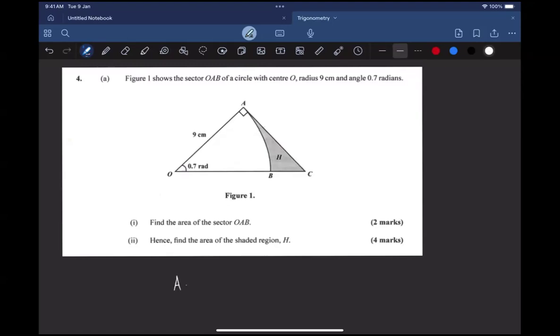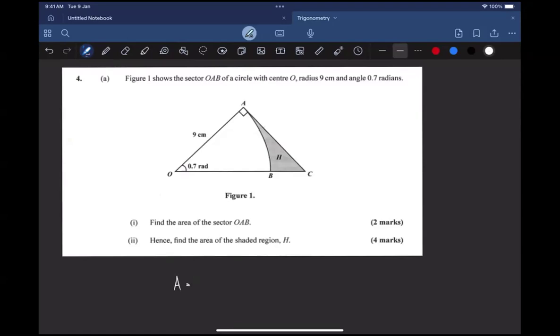What's the other formula? Area is equal to... that's the formula for the area where I use the what angle?